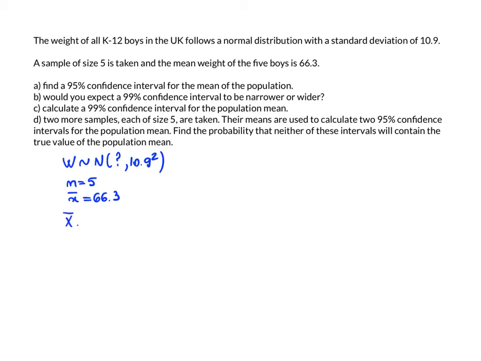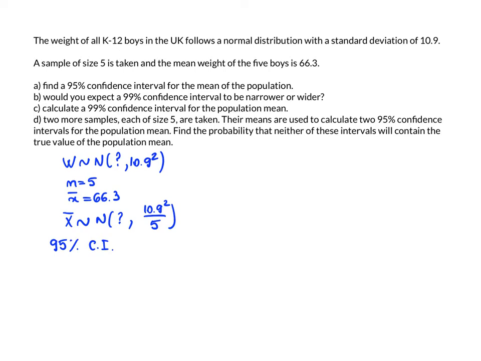Therefore, I know immediately that my sample will be on a normal distribution with the same unknown mean and the variance 10.9 squared over 5. I want a 95% confidence interval for the mean of the population, and the confidence interval will be related to my sample.